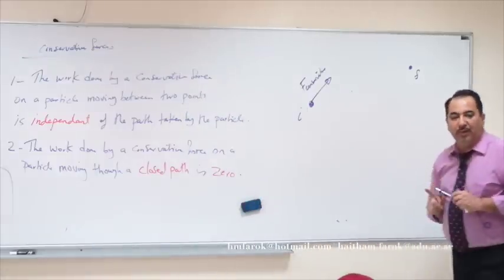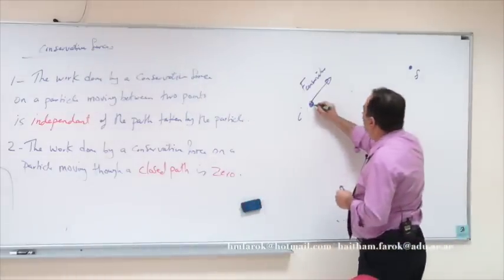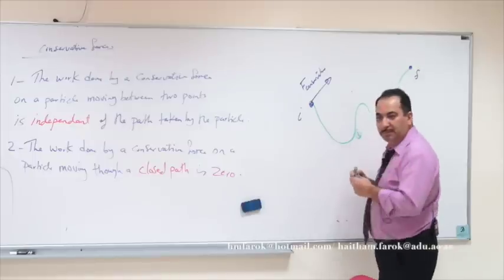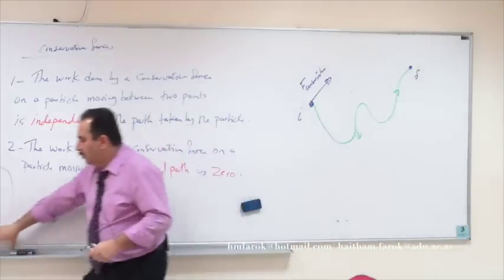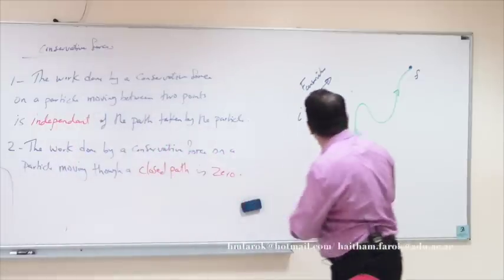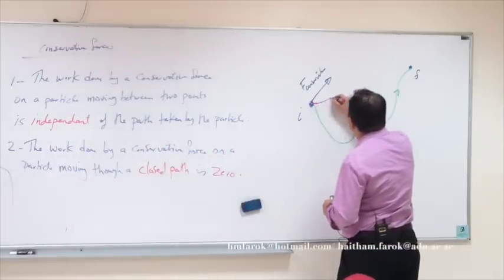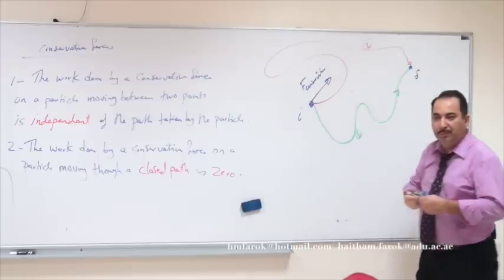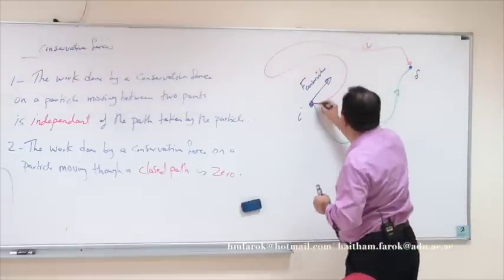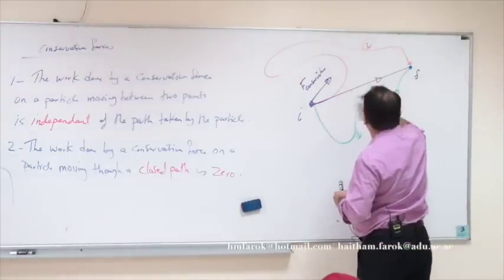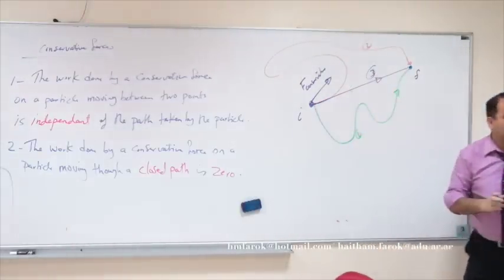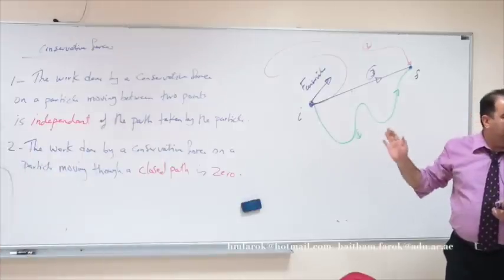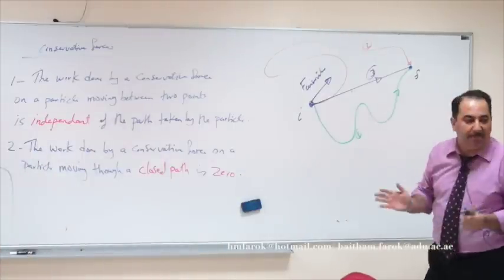Which means if you calculate the work done by this force on this path, path number 1, or in this path, path number 2, or in this path, path number 3, any path you take between initial and final, you'll find the answer is the same.